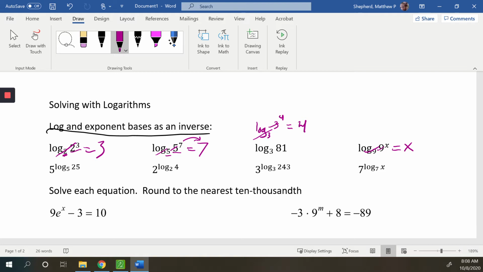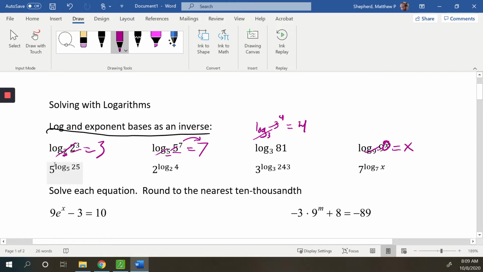So what we see here is how log could be used to pull exponents out of a variable exponent, out of the exponent, and just leave it alone. So this is how log can be used as an inverse to eliminate certain values. It also works the other way.